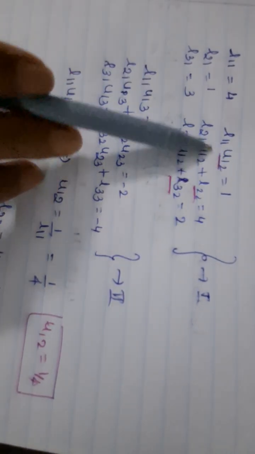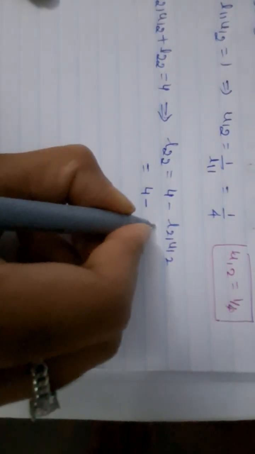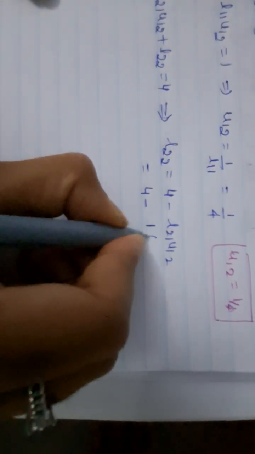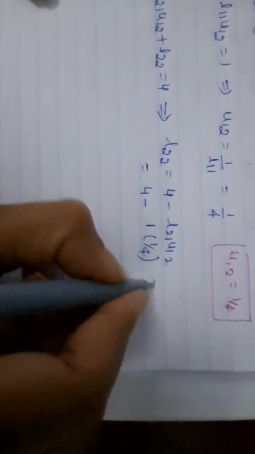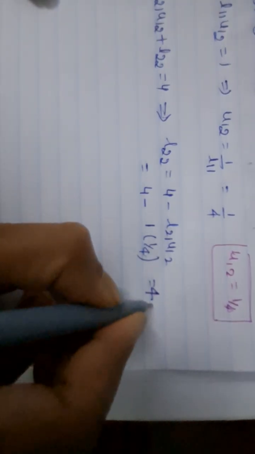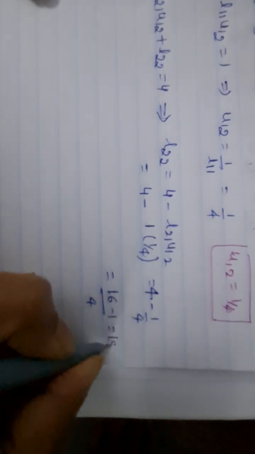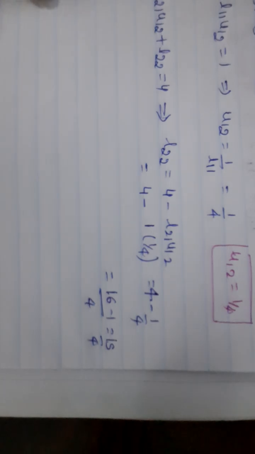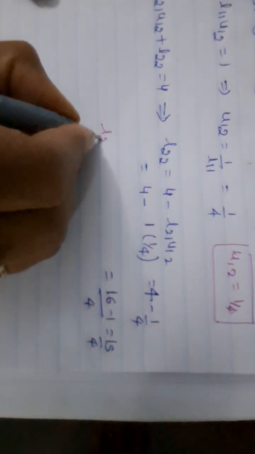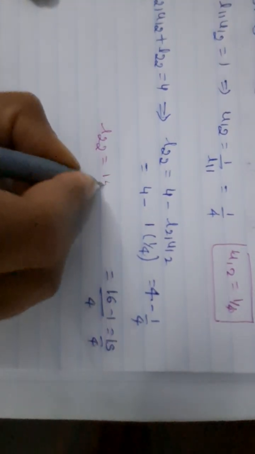U12 we calculated, so let's substitute that. L21 is 1, U12 is 1 over 4. This is 4 minus 1 by 4. LCM is 4, so this is 16 minus 1 by 4, which is equal to 15 by 4. Hence L22 is 15 by 4.